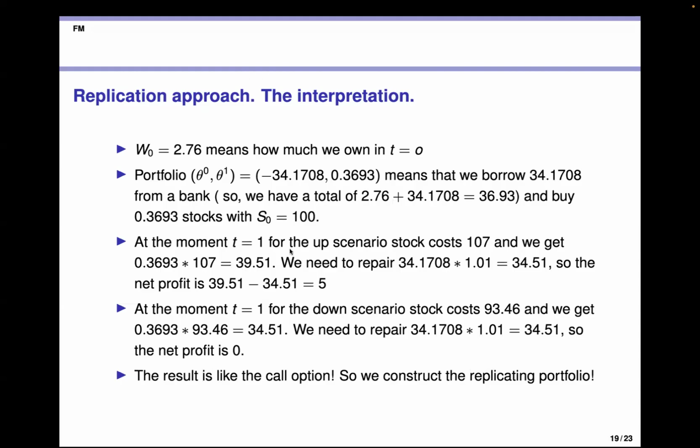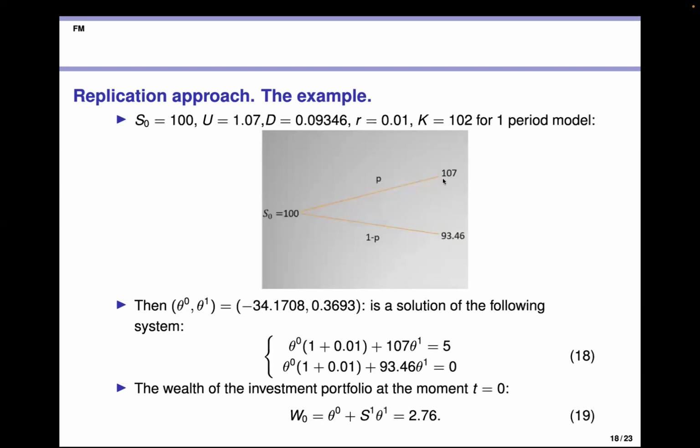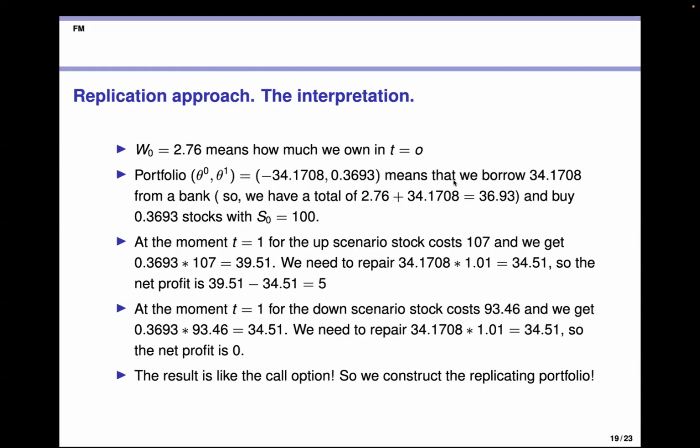At the moment t equals 1 for the up scenario, the stock costs 107. But how many of these stocks do we have? Only this amount.